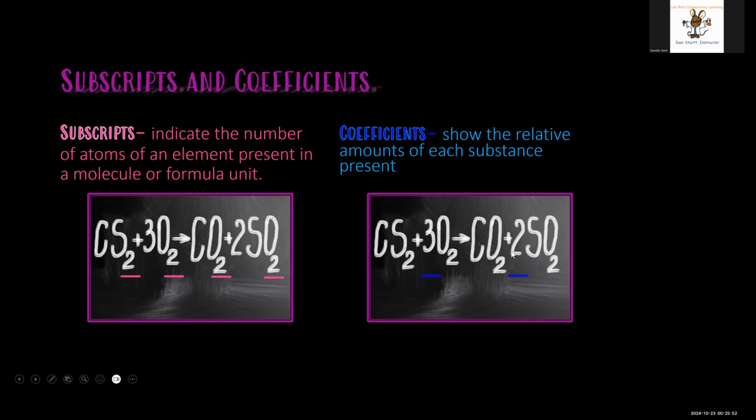So 3 and 2. There are 3 O2s, which means there are 6 oxygens here. You have a pair of oxygen, a pair of oxygen, and another pair of oxygen. And then your SO2 over here, you have 2 of the SO2s. So you have a sulfur with 2 oxygens, another sulfur with 2 oxygens.